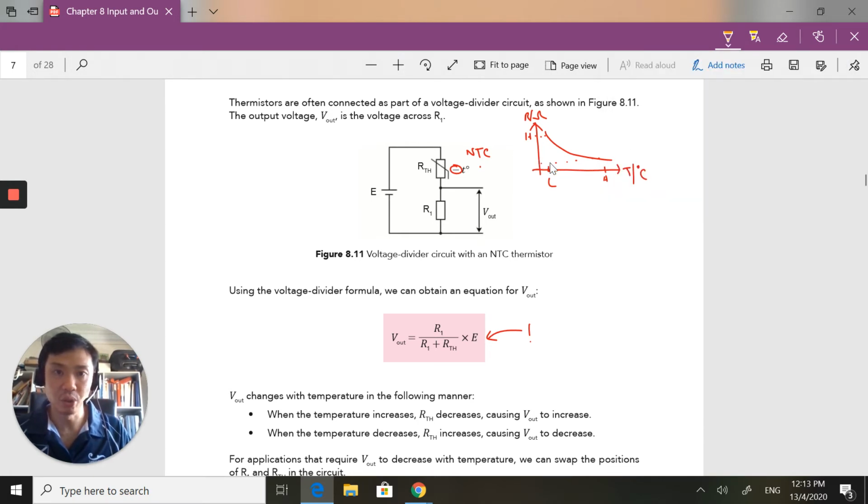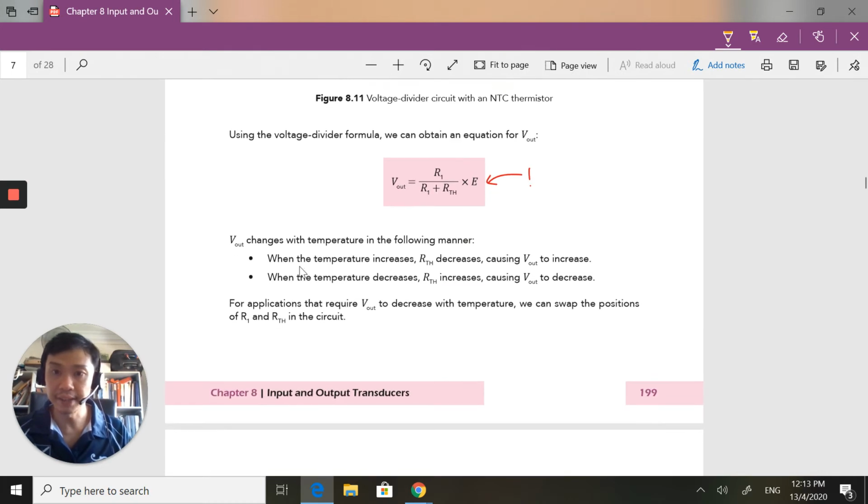If I have a low resistance here, this means that the PD across here will be low, and therefore the V out will be high. So when the temperature switches between a low temperature and a high temperature, the signal out also switches. So this is how you explain it.